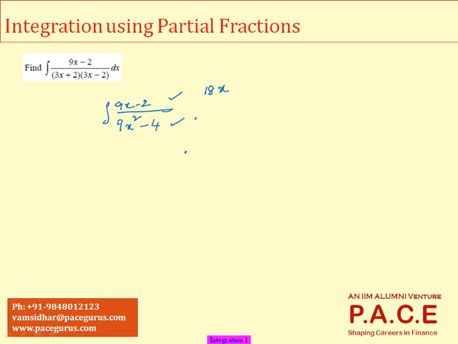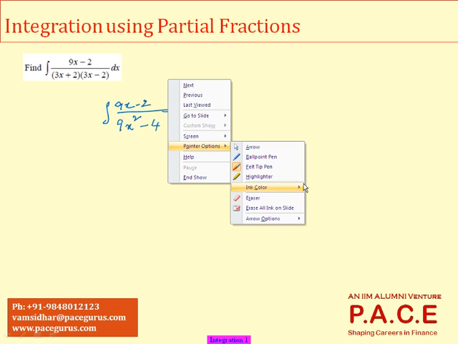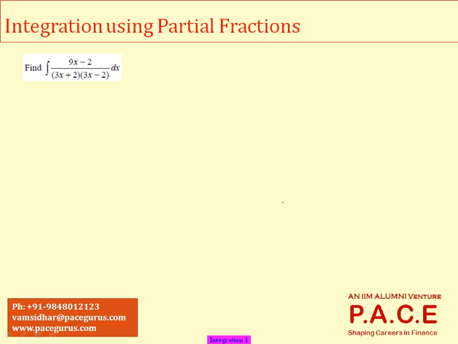If the numerator had been 18x, or in some way could work out to 18x, then I could have considered it as f dash x by f of x and used the logarithm scenario. But because it's not there, or just to give you exposure to another mechanism, this is where we resort to the mechanism called integration using partial fractions.